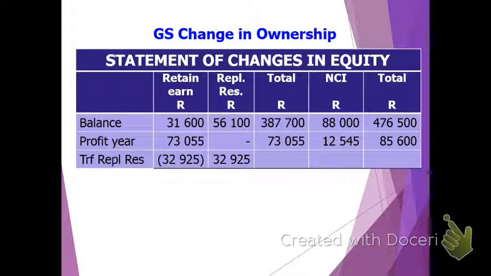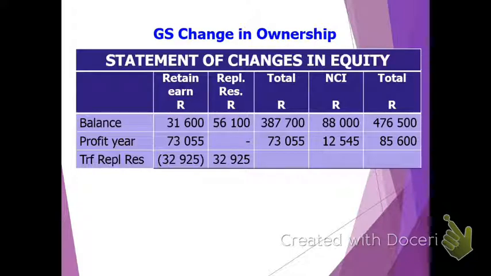Just a tip there, if, as in this question, we have calculated the statement of profit or loss and other comprehensive income, then you will be able to get that 73,055 directly from that statement. If that was not the case, if that was not calculated previously, then of course you will have to go to the analysis and pick out from the analysis.